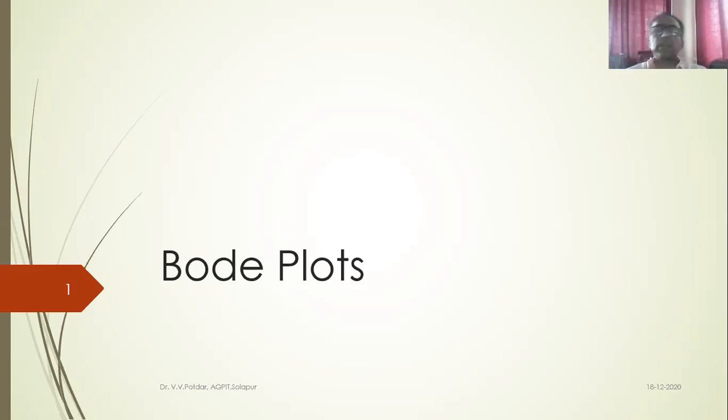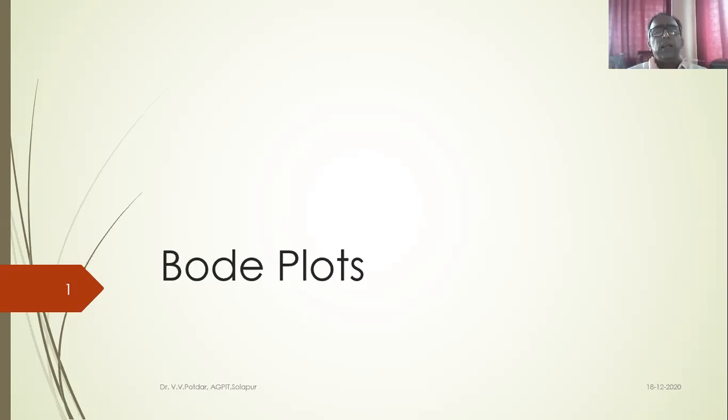There are Nyquist approaches used for predicting the system behavior. In particular, as relevant to our curriculum, we'll be discussing one of the frequency response methods, that is called Bode plots.